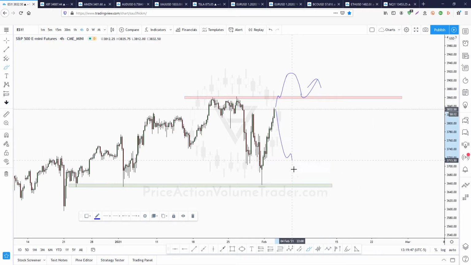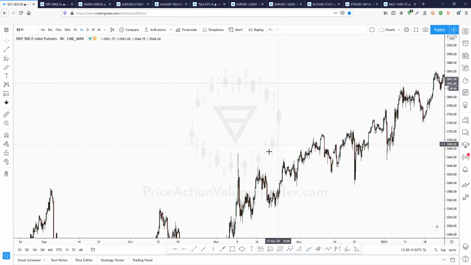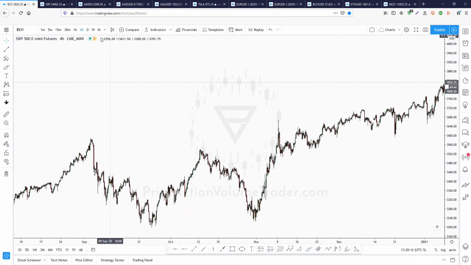The same, if we come and break below this, now if we come back, this is an area that interests me to sell right here, because as we see, we have strong support broken. Now I expect it to be a strong resistance on the other side, and the same thing here. So this is the basic premise of all the examples and things that I'm going to show you.